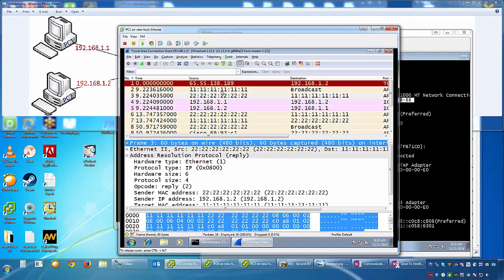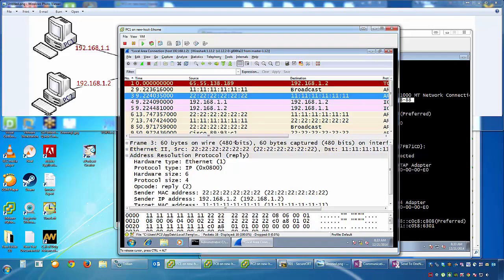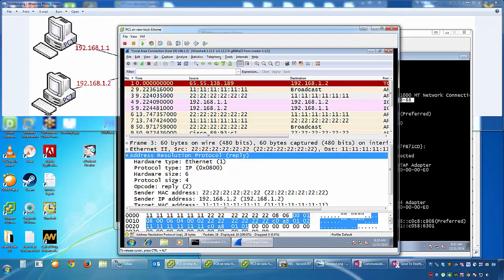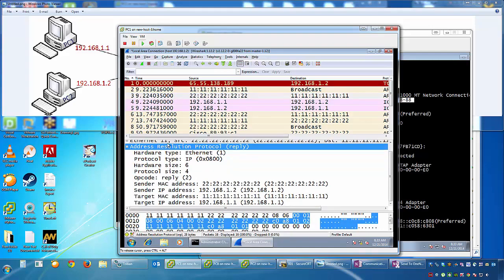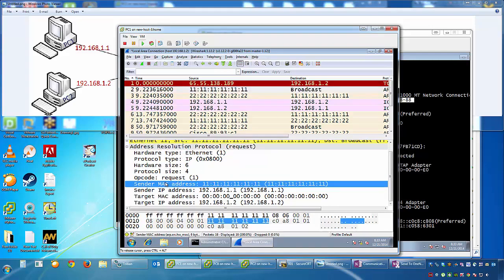Notice this is an ARP reply. The original one was an ARP request. Now this one is an ARP reply. He's replying back. Now, if we go back to the request, look what it's saying. Here's what's in the ARP request. This person who sent it was 1.1.1.1.